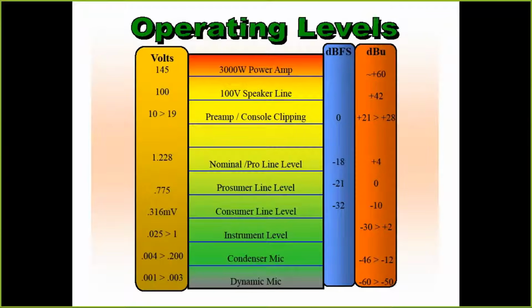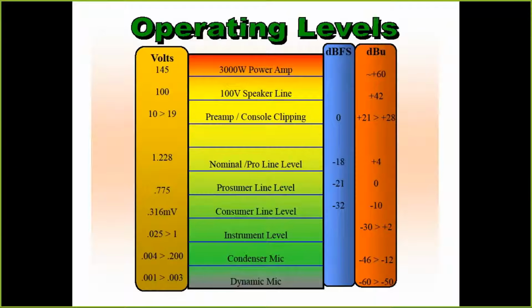So we start out at the bottom with a dynamic microphone, which has a very, very low voltage output. In this chart, you can see on the left side the typical output voltage of different types of devices, and on the right side the dBu levels and even the dBFS measurements that you would typically see on a console.